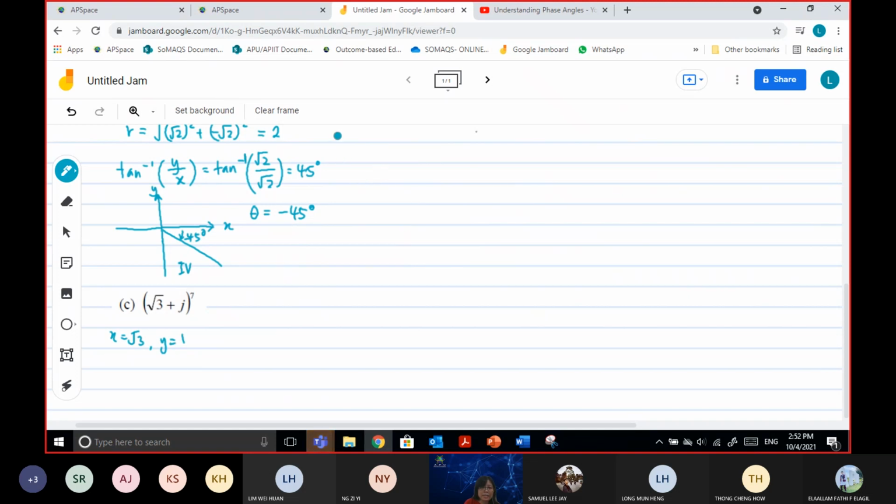Let's calculate the r. The square root of 3 squared plus 1 squared, so you have 3 plus 1, the square root of 4, which equals 2. Then for the arctangent, it is 1 divided by the square root of 3.